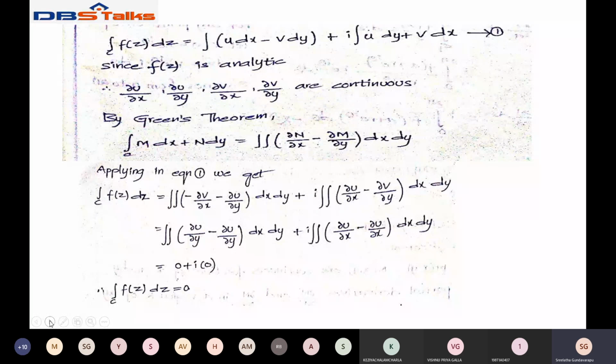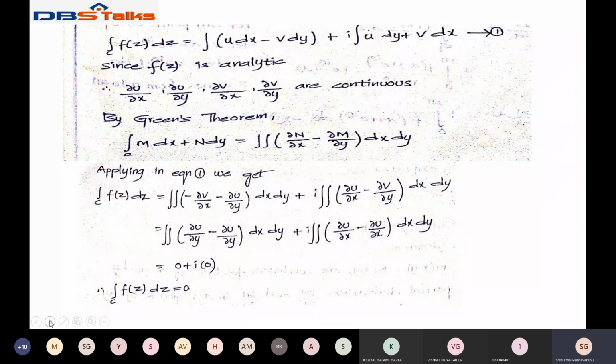This is the statement of Green's theorem. We have to apply this Green's formula in equation 1.